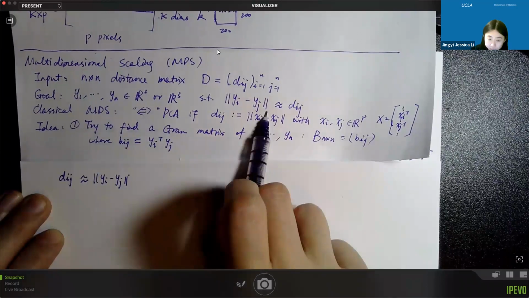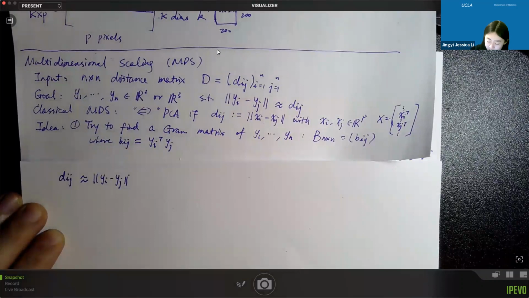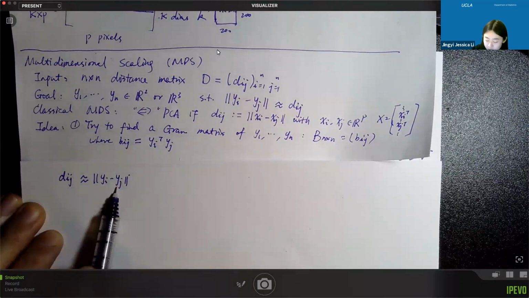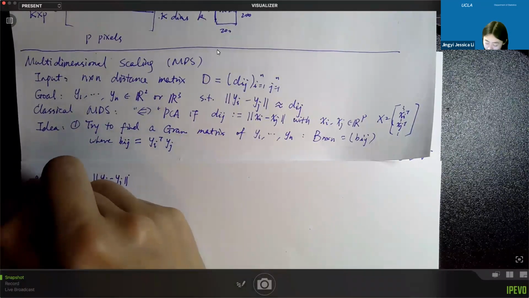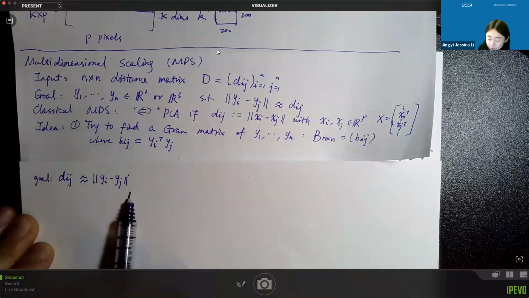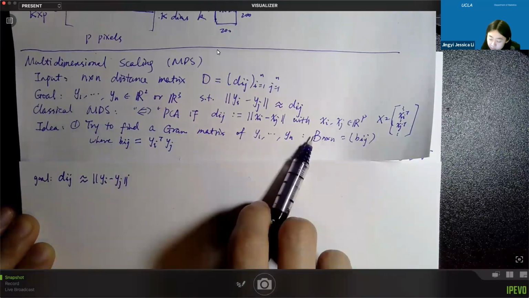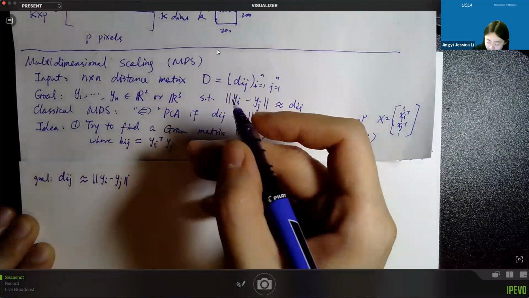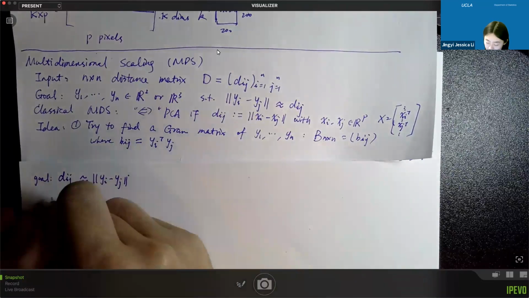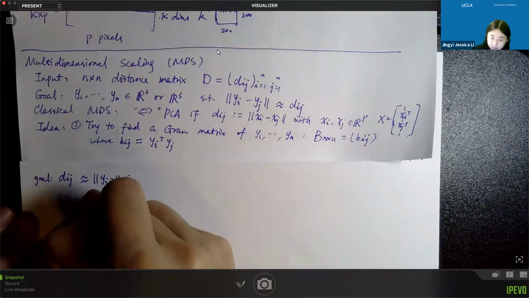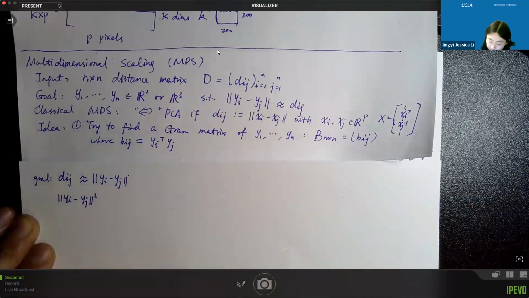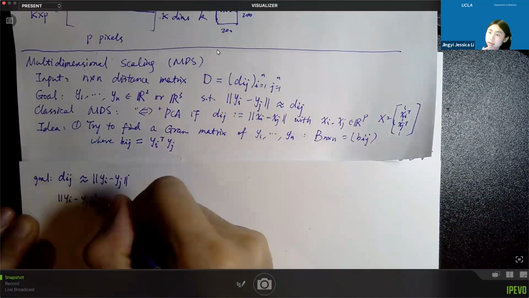That's our goal. And then if we assume these are equal, we take a look at the relationship between this Euclidean distance and B. Okay, so we have yi minus yj squared, because whenever we square it, it's easier. Okay, so what is that?